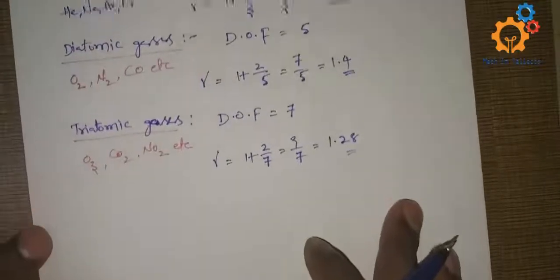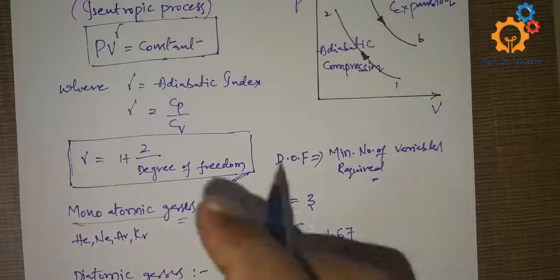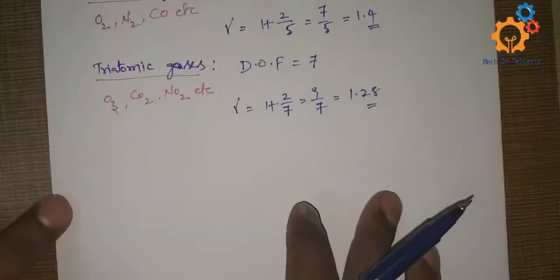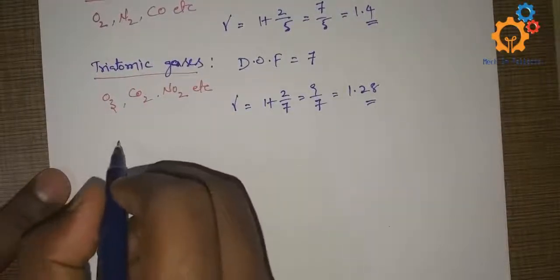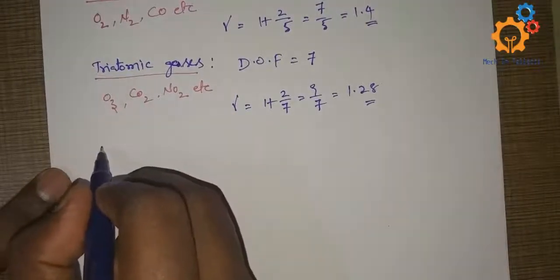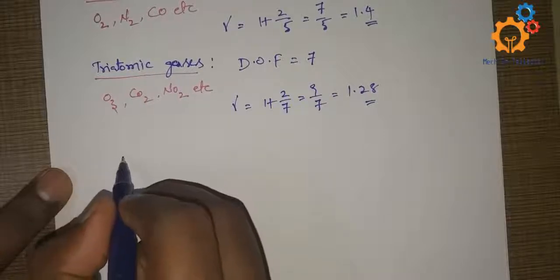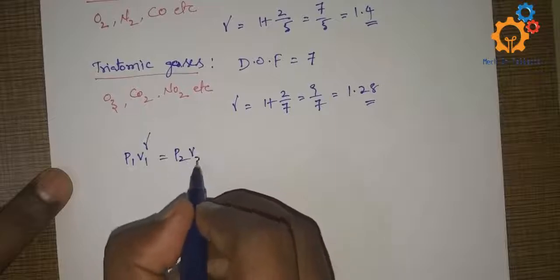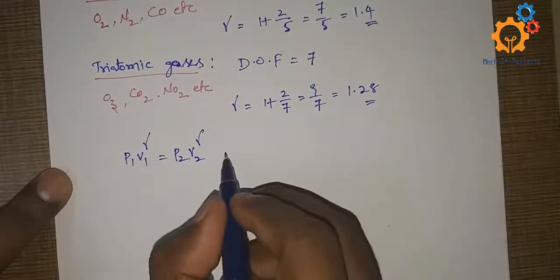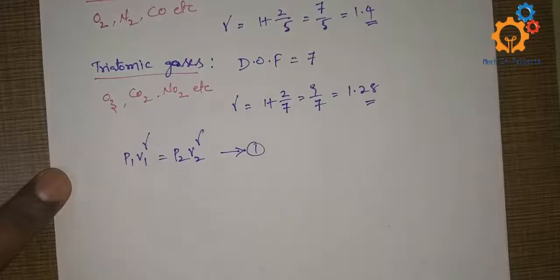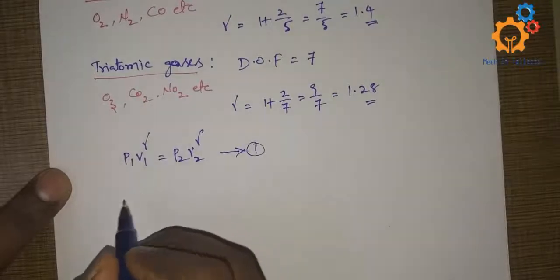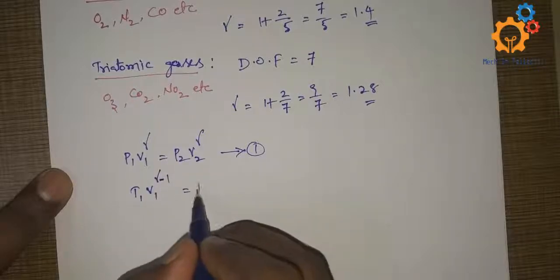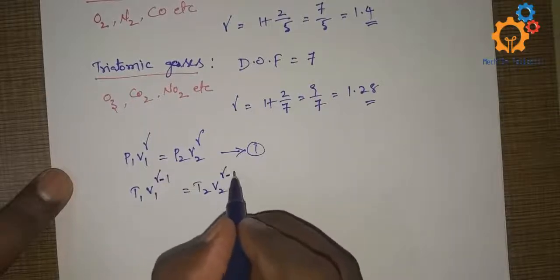Here in the adiabatic process we have three relations. They are very important. That is P1 V1^gamma is equal to P2 V2^gamma. This is equation 1. This is very important. The same way, T1 V1^(gamma minus 1) is equal to T2 V2^(gamma minus 1).